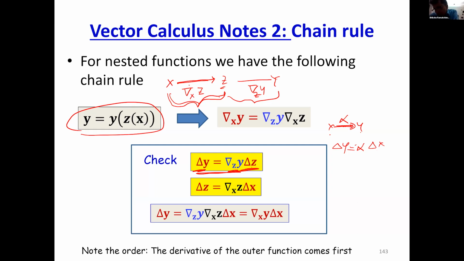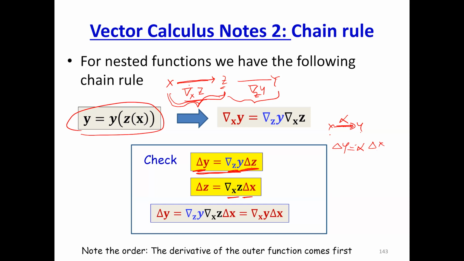Use the same logic, right? What is delta z? Guys, this can't be so hard. It's not dz over dx, it's the derivative of z with respect to x times delta x, correct? Yes. Vibha, does that make sense?